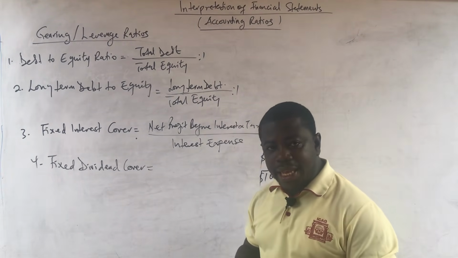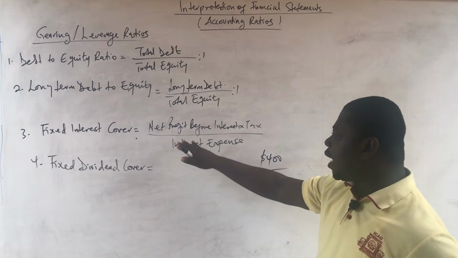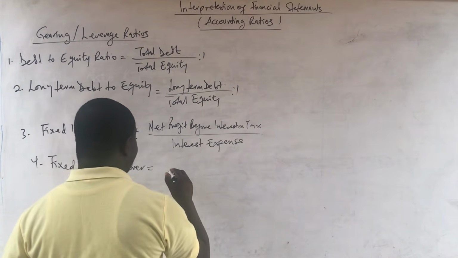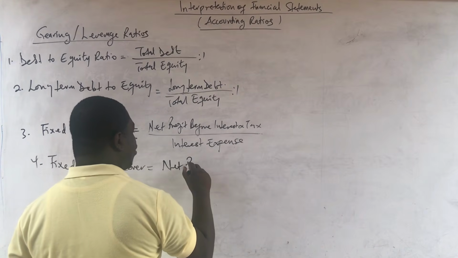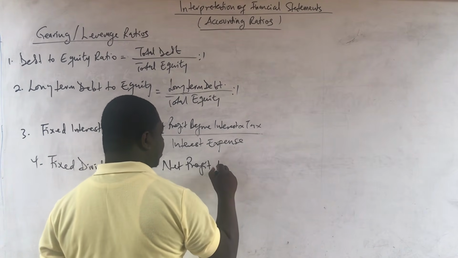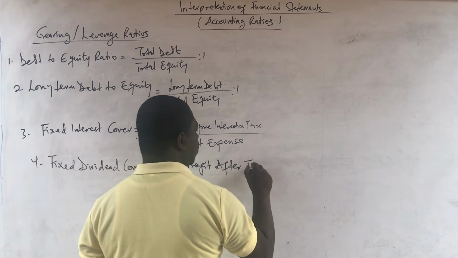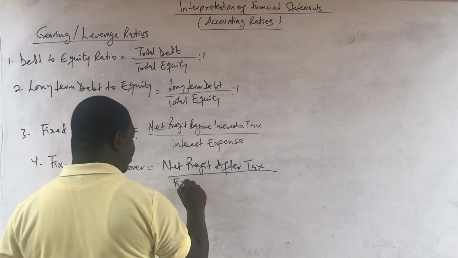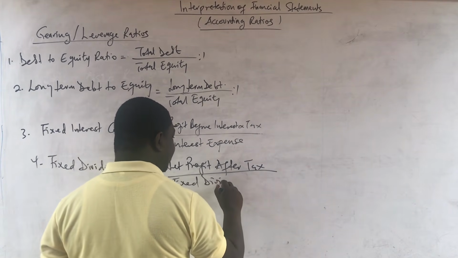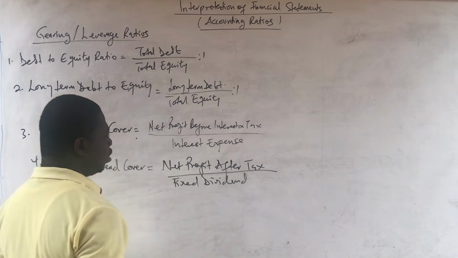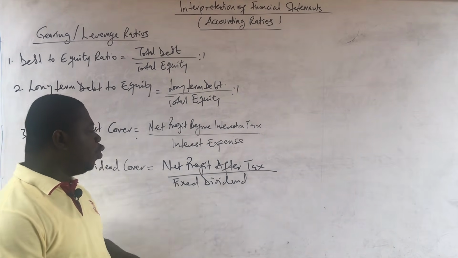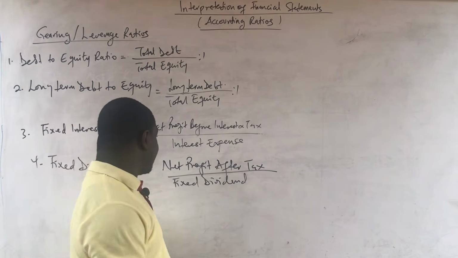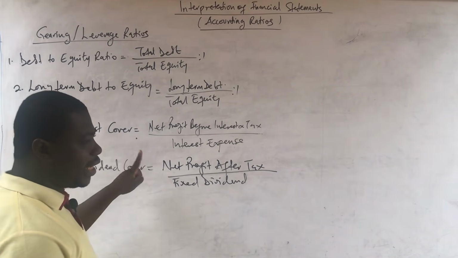The formula, just like the fixed interest cover, is net profit after tax over the fixed dividend, in this case the preference dividend. So you look at how many times the profit after tax can pay your fixed dividend. That is what we call fixed dividend cover.